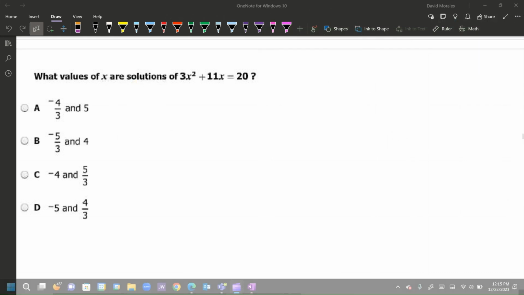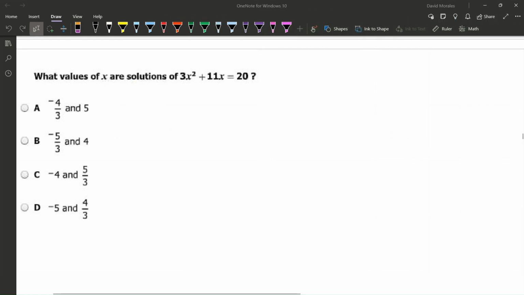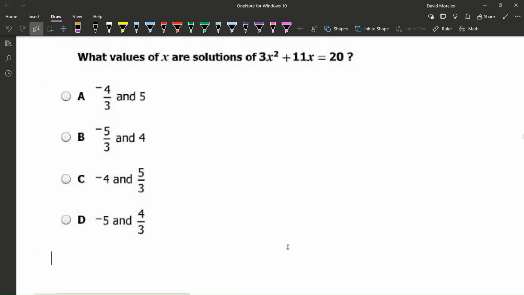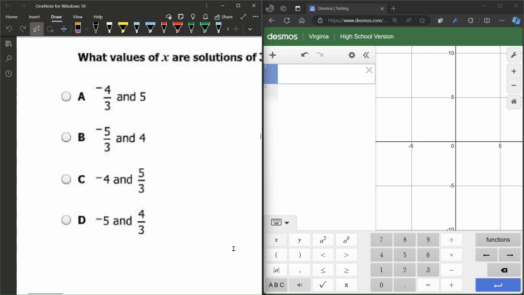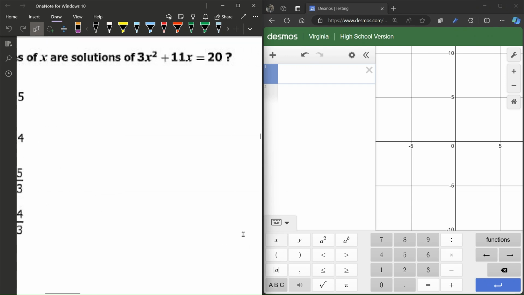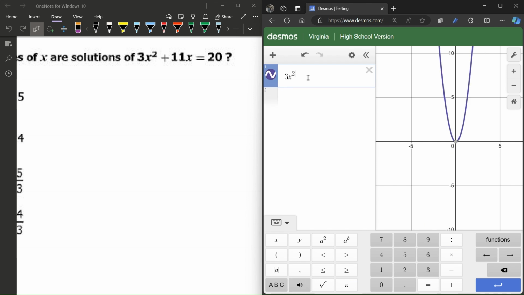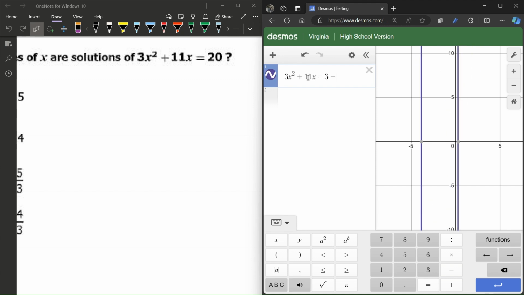Okay, so with problems that are asking for solutions of x, you can literally just graph this right here. So the problem is 3x squared plus 11x equal 20.